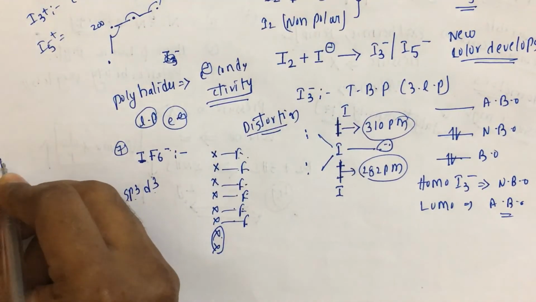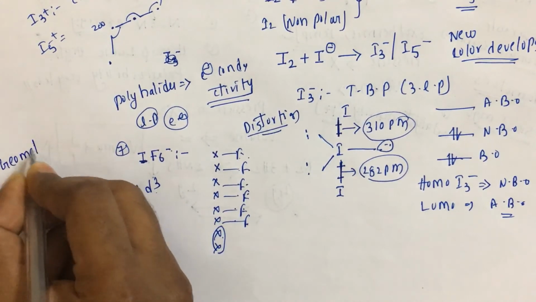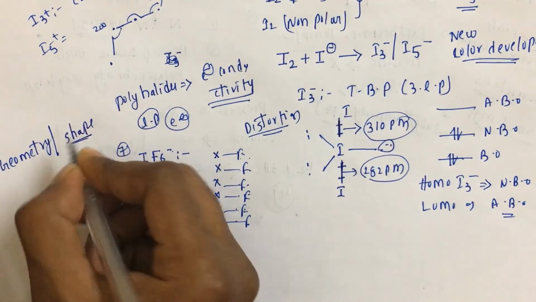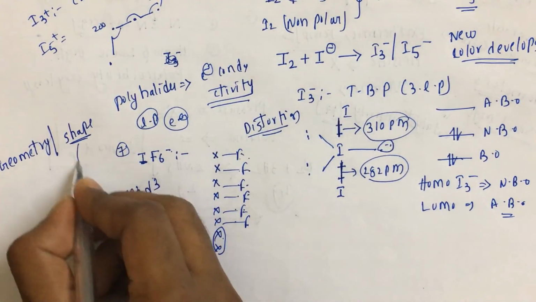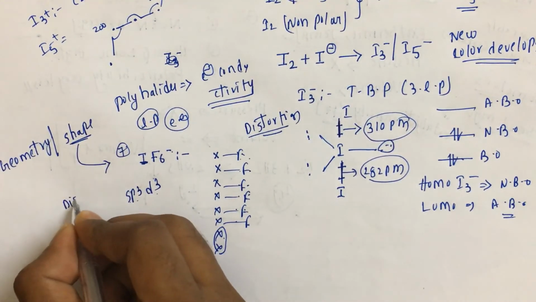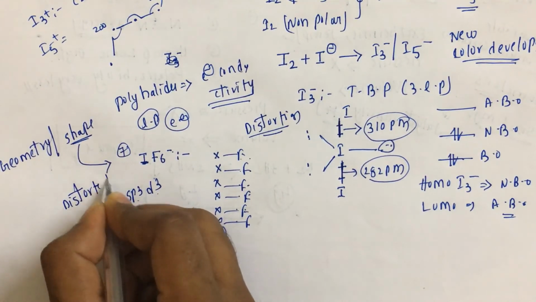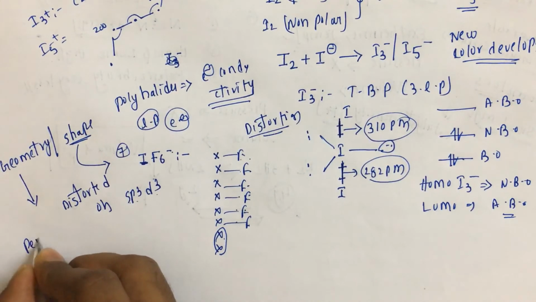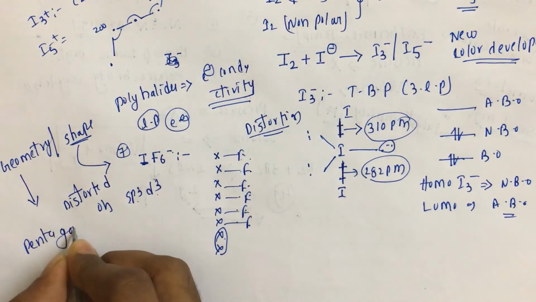There is a difference between geometry and shape. The shape of this compound is distorted octahedral. And if they ask for geometry, this will be pentagonal bipyramidal.